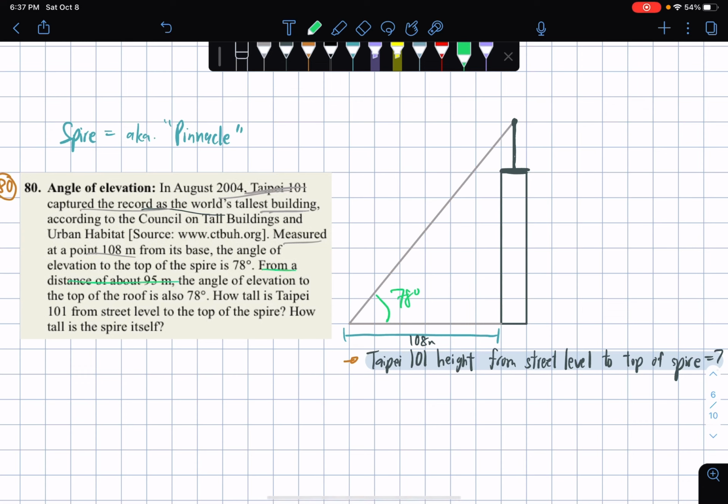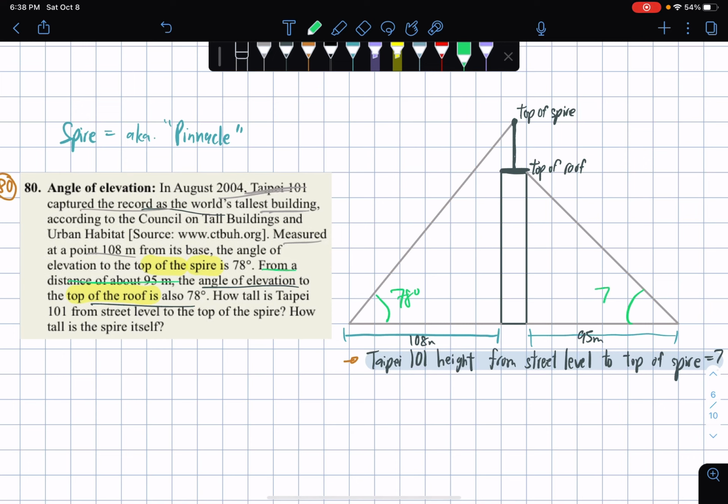And from a distance of about 95 meters, say this is 95, the angle of elevation to the top of the roof is also 78. So I hope you could notice this part, top of the spire and top of the roof. This is the top of the spire, and this is the top of the roof of the building Taipei 101.